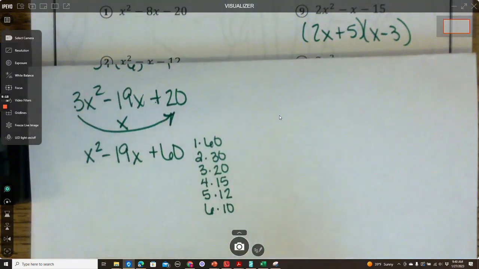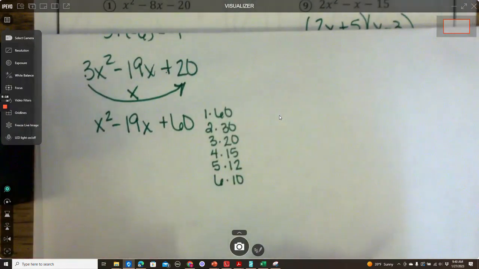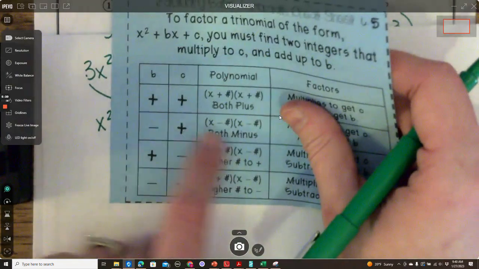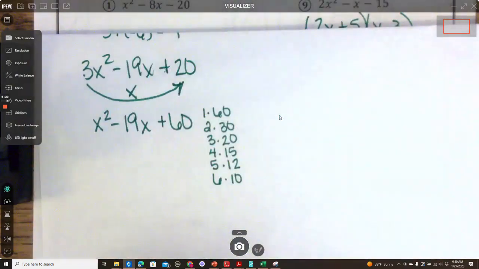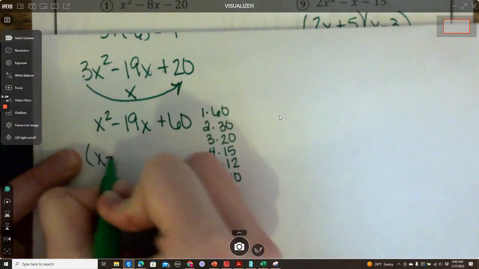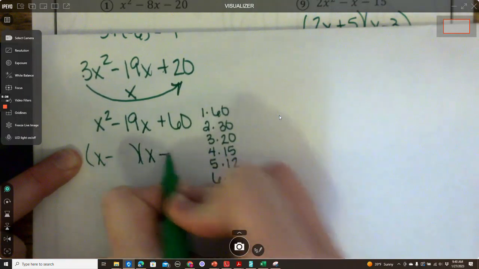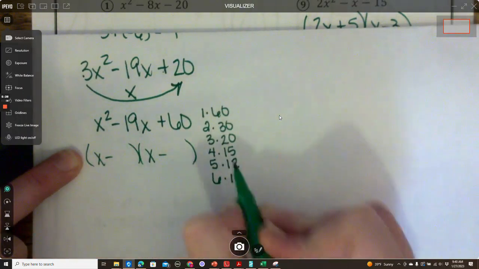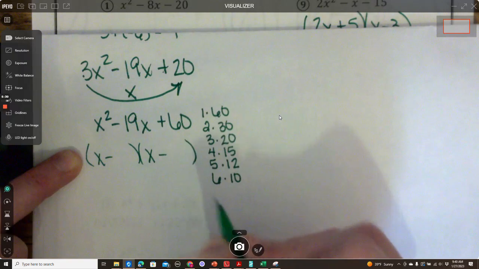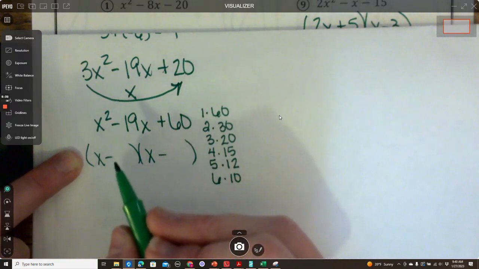Let's just go with what we got. Let's see if we've got enough there. All right. Negative and a plus, negative and a plus. They're going to both be minus. So x minus a number, x minus a number. Do I have a set yet that'll either add or subtract to make a 19?